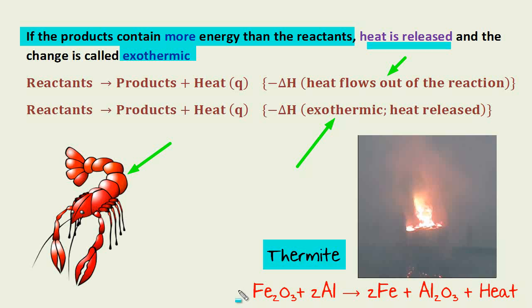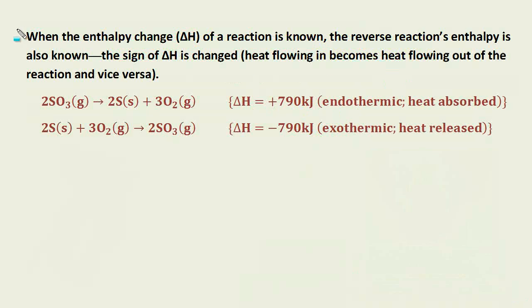As we look at the numbers here, we see that Fe2O3, which is just simply iron oxide, and that's just rust, combined with 2 moles of aluminum to yield 2 moles of iron plus aluminum oxide and heat. So, when combining these items, a lot of heat is produced.